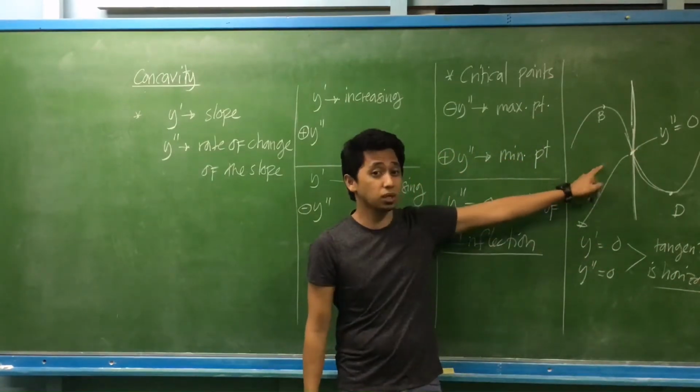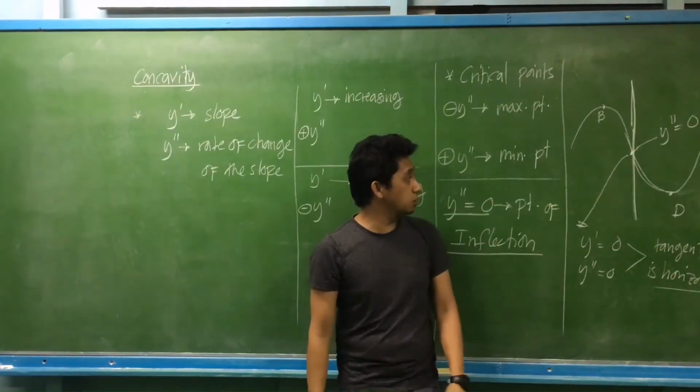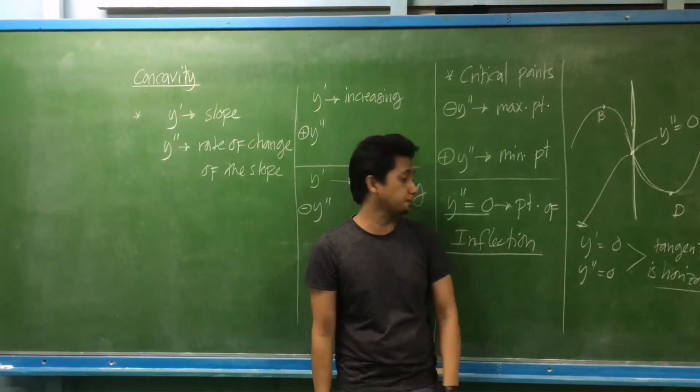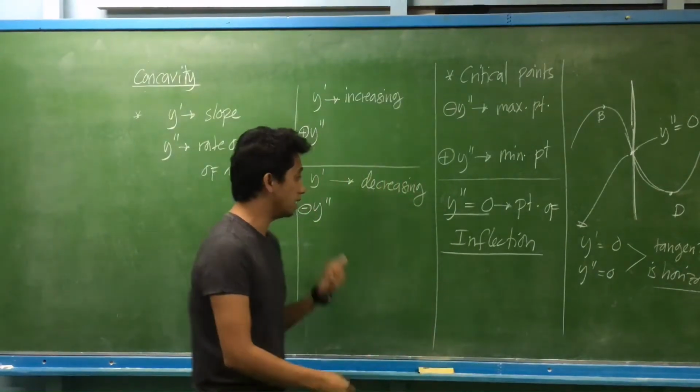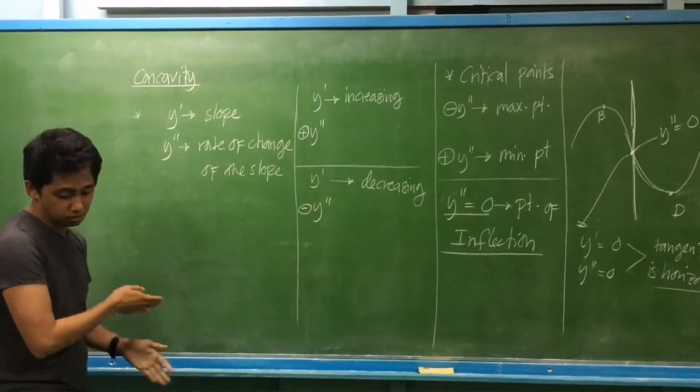But for this case, if we have only y double prime equal to 0, that tangent line is not horizontal. So let's have an example applying the second derivative test.